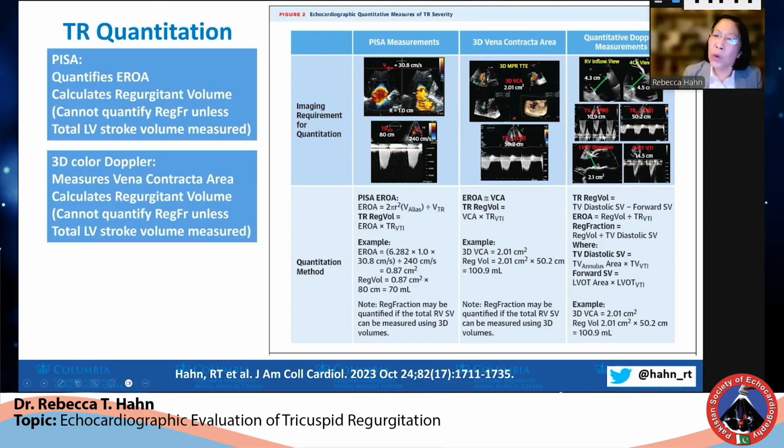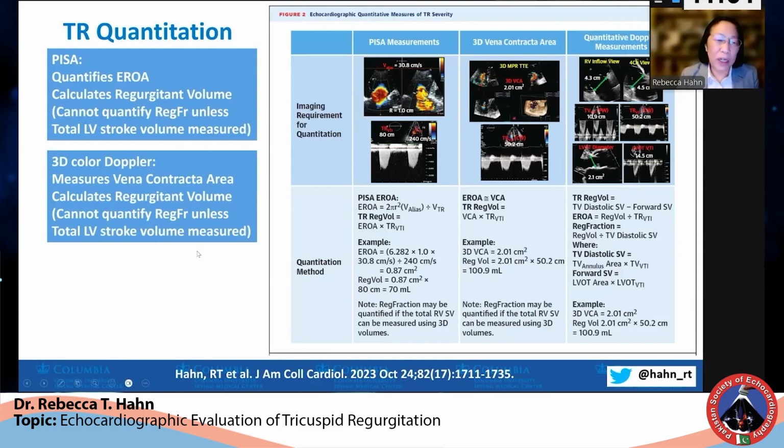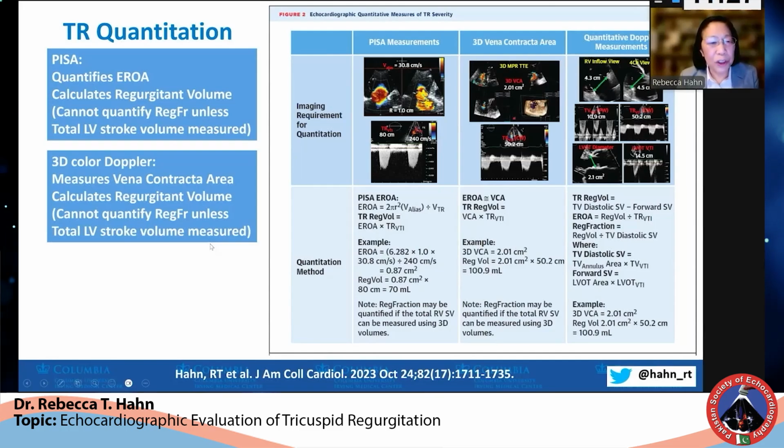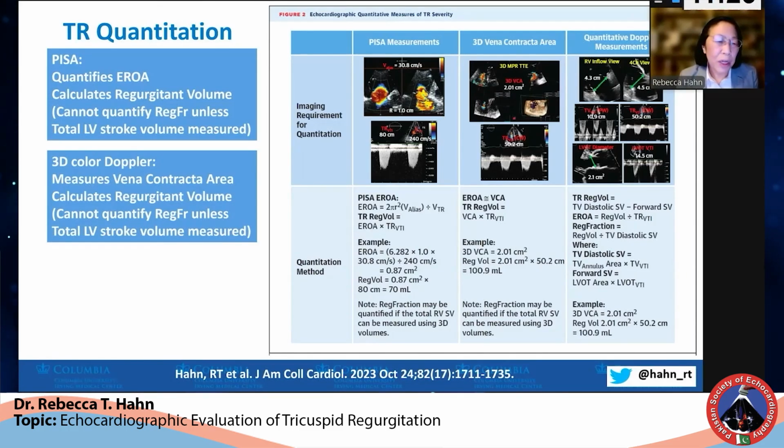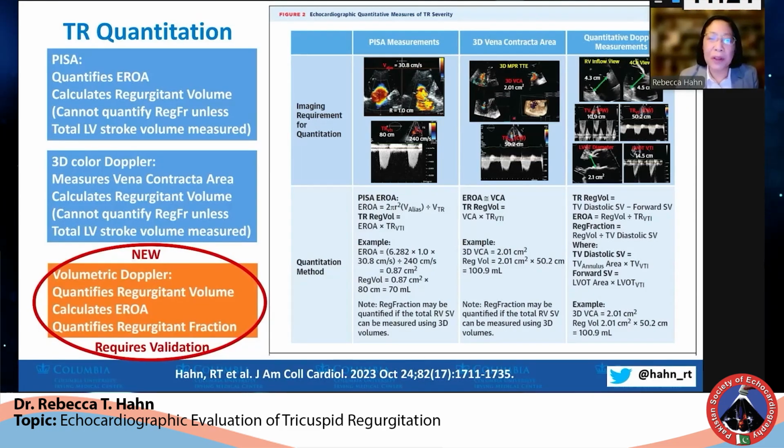And then we use a quantitative Doppler measure where we're quantifying the annular area either by two-dimensional or three-dimensional methods. Other investigators are using full three-dimensional echo to quantify both the diastolic and systolic stroke volumes. And so the new method of volumetric Doppler will probably be used more and more.